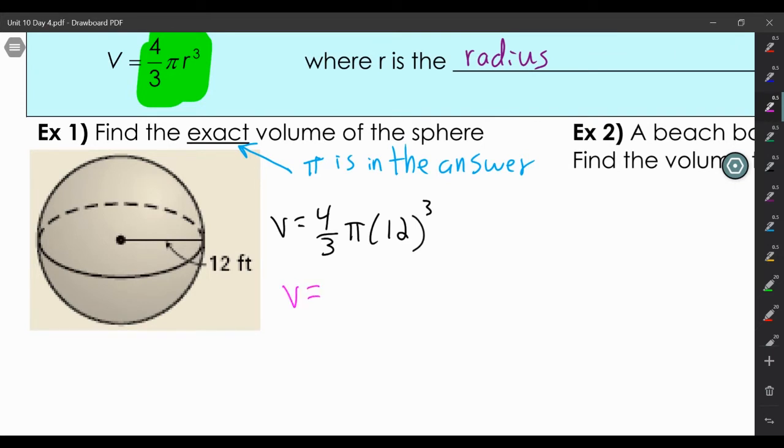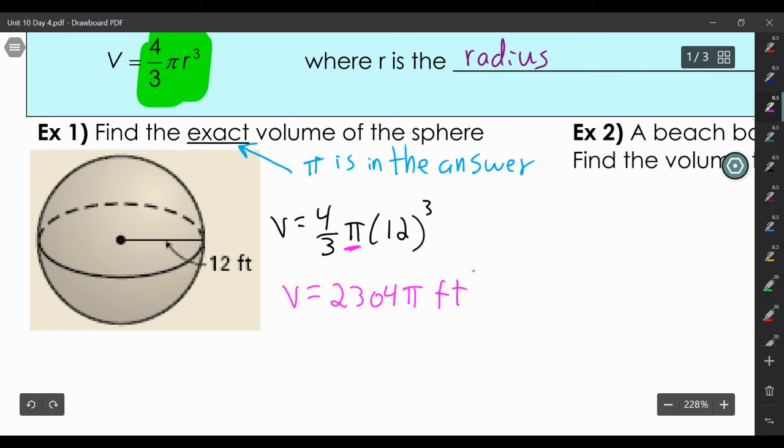So I always deal with the radius cubed first. Our answer was 2,304 pi. Because pi is still there, we just dealt with all the numbers. Cubic feet. Volume is in cubic units.